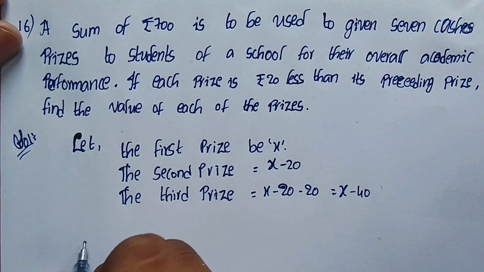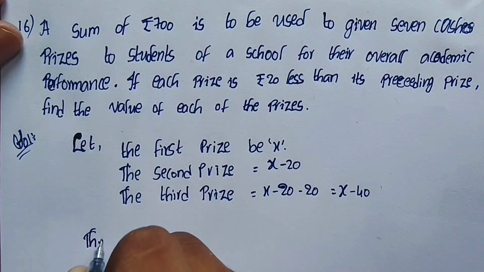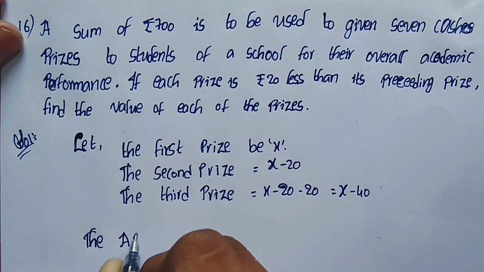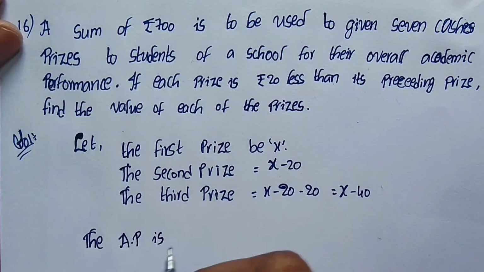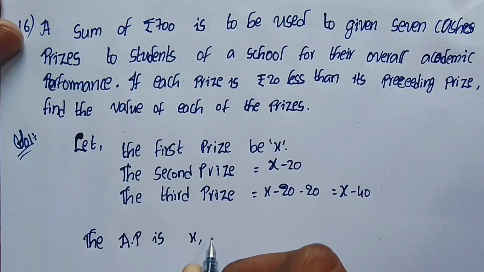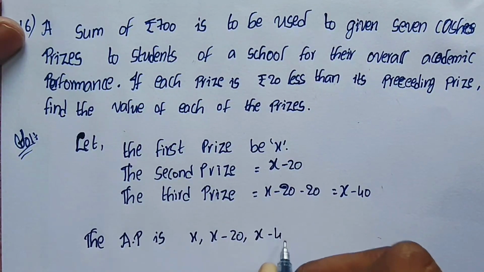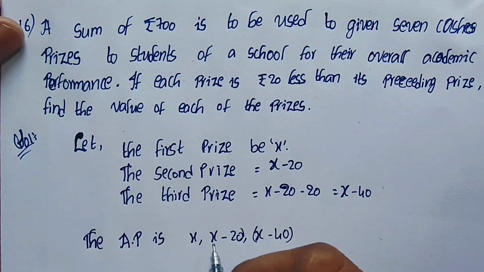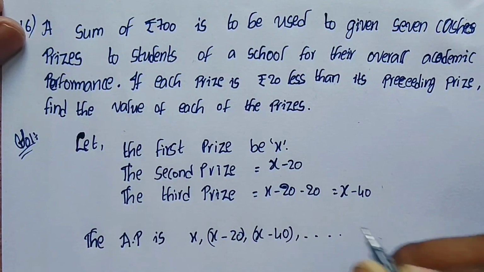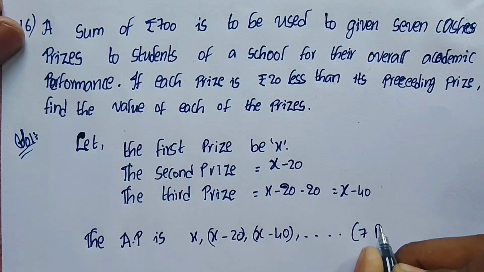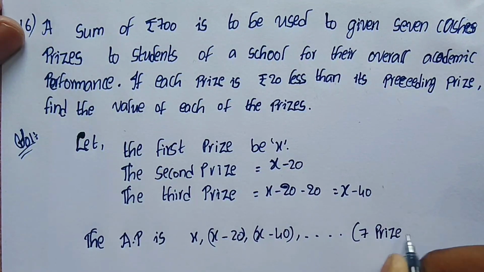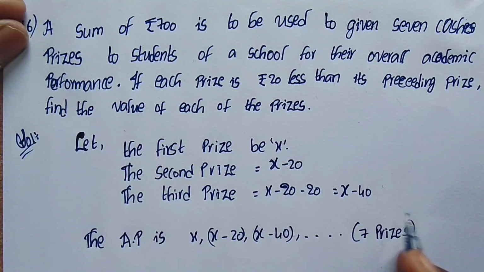So I am writing here that the AP is x, x minus 20, x minus 40, and so on, for 7 prizes. Understand? So this is the form of the AP.